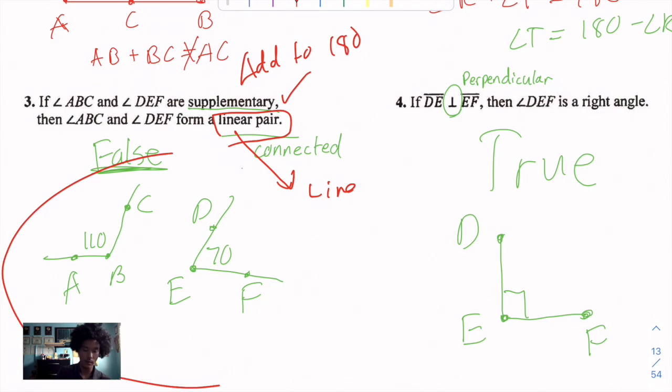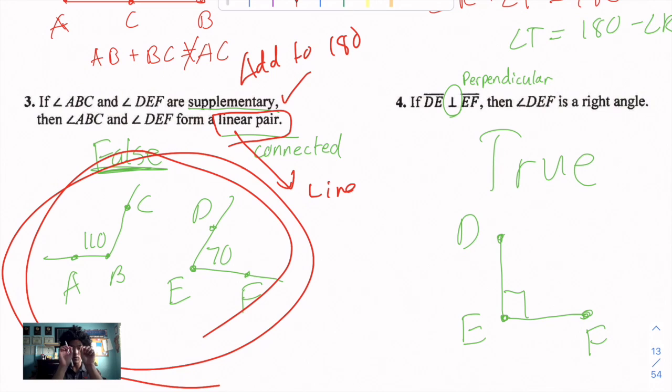So here's your counterexample. Could you not just have two angles that are separate? Like one's from Utah, one's from Kentucky, right? And this is 110 and this is 70. They don't have to be connected. So the fact that they're not connected, it is not a linear pair. So that's why that is your counterexample, okay?